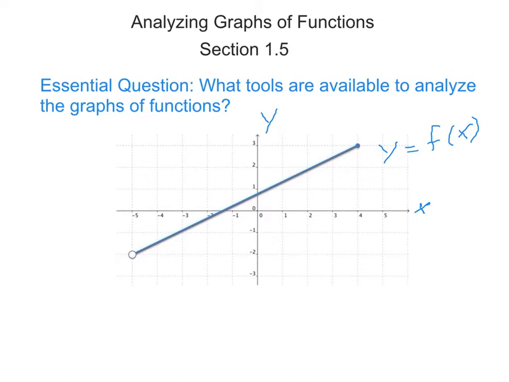It can get really close to -5, but it can't equal -5. So we might think of the domain as being written as follows. We could say that -5 is less than x, which is less than or equal to 4. Because it can equal 4, but it can't equal -5.